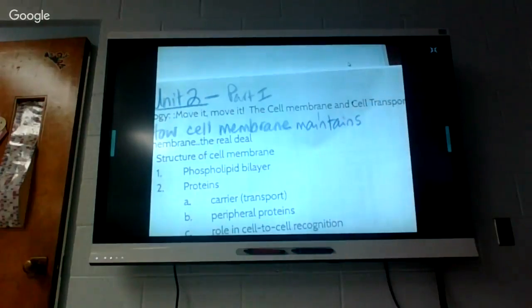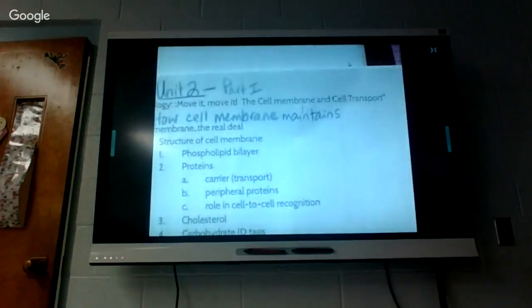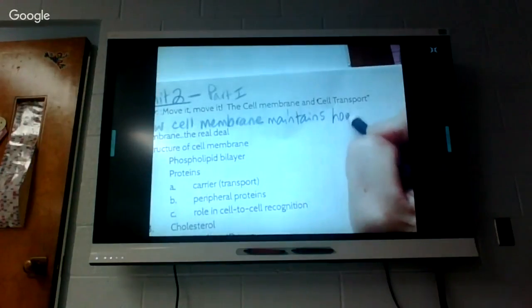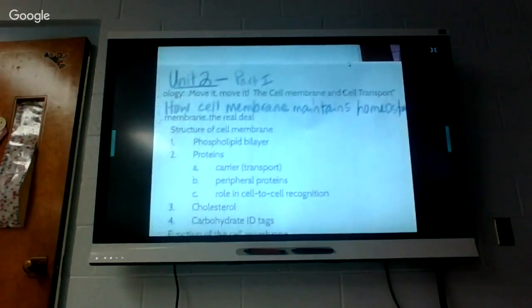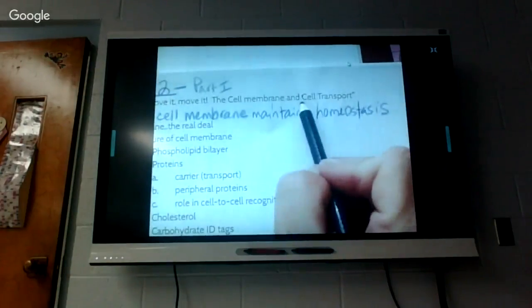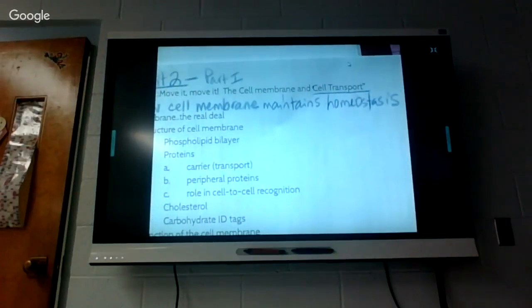Homeostasis. We're going to put that at the top because that's what cell transport is. Think about it. If I need to get rid of waste to help me stay healthy, then that's what's going to happen. If I need to uptake nutrients and water because that helps me stay healthy, then that's what the cell membrane is going to help me do to maintain homeostasis. So the cell membrane is what controls all this.